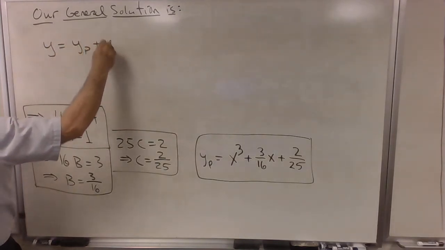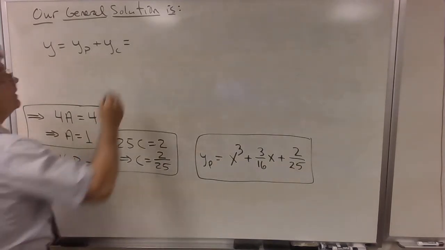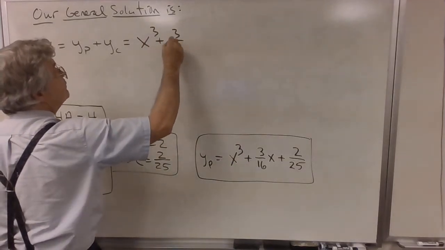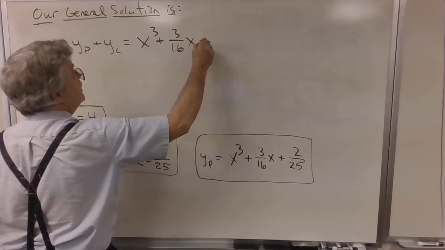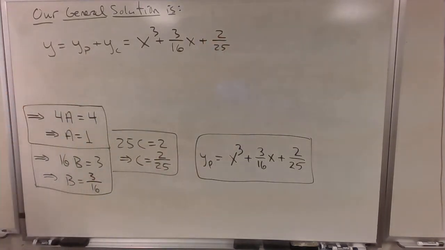We take the particular and the complementary solutions and add them together. So we have x cubed plus 3/16x plus 2/25. There's our particular solution.